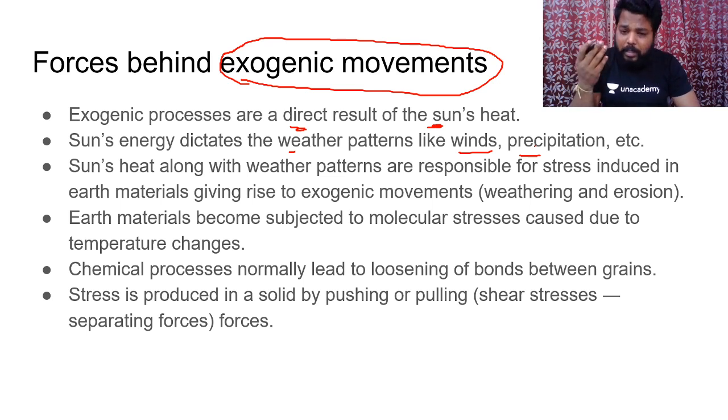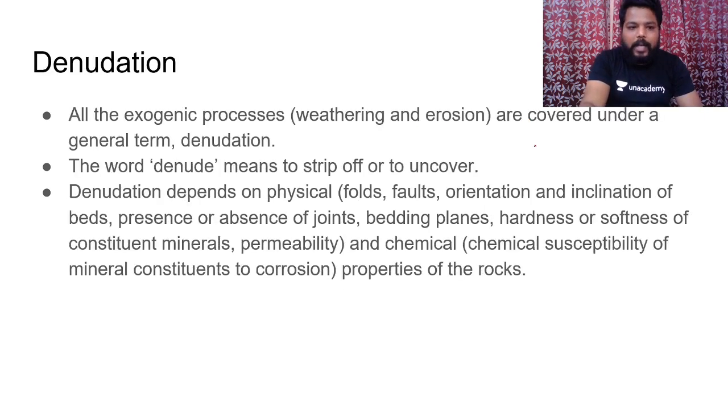Because of high temperatures, we may have huge blowing warm winds. Because of low temperatures at higher altitudes, we may have development of glaciers. These external factors are a direct result of the sun's heat itself.